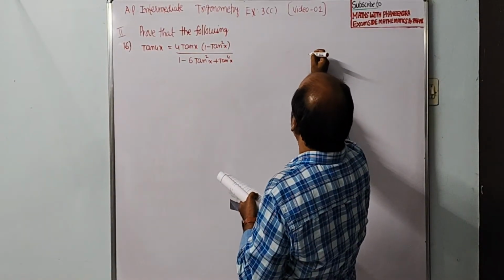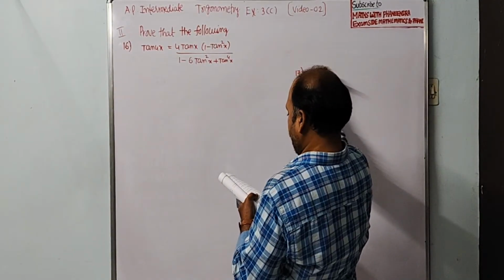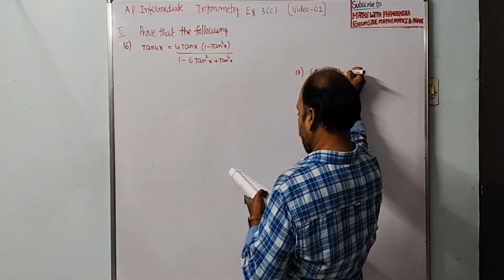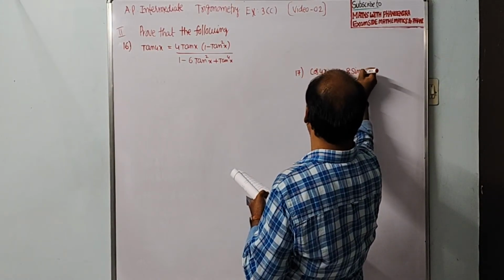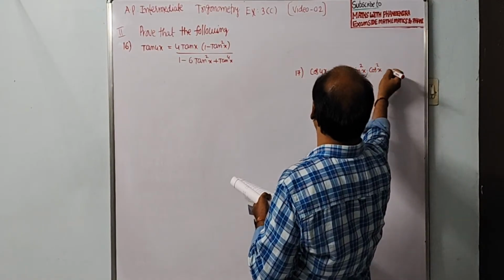Next, question number 17: cos 4x equal to 1 minus 8 sin square x into cos square x.